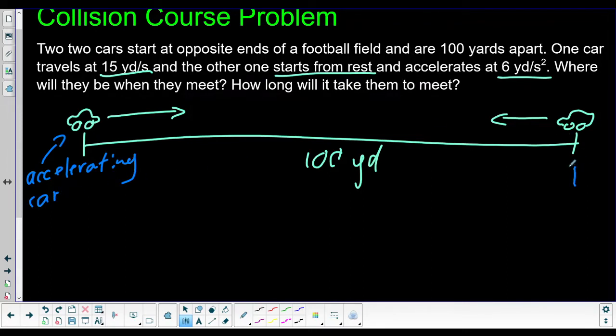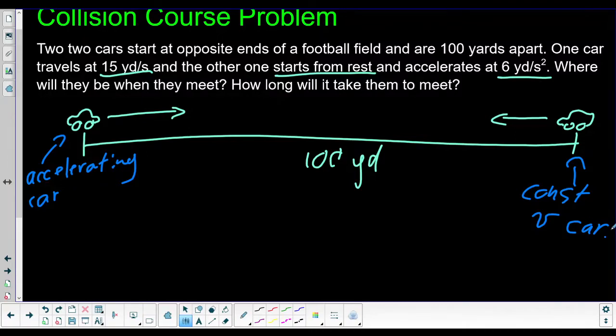And this is the constant V car. I'll explain why I picked that once we get into the algebra, but trust me, I think it'll be a little easier this way. Feel free to do it the other way.